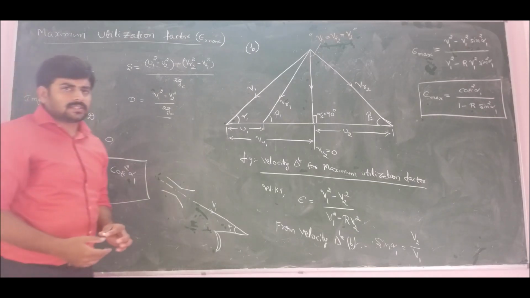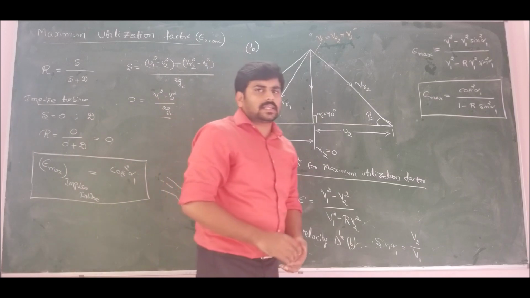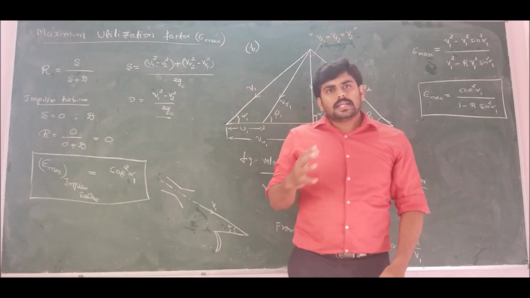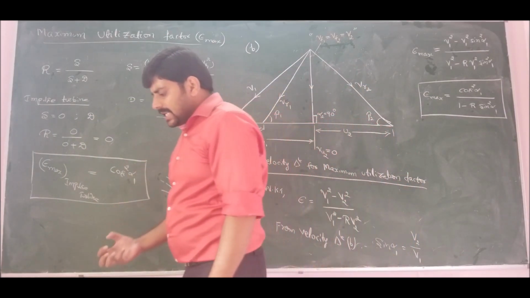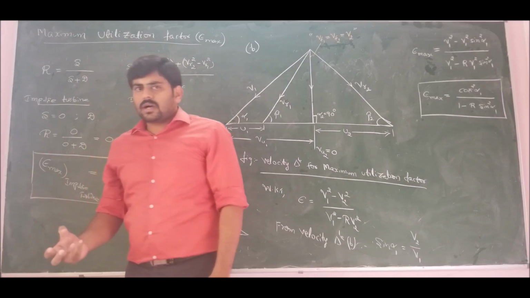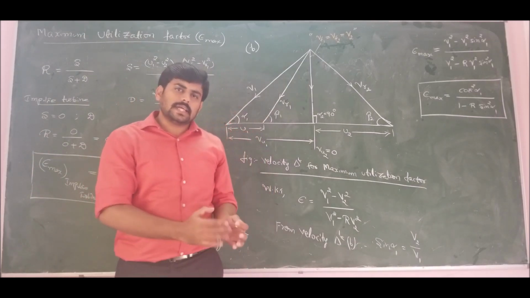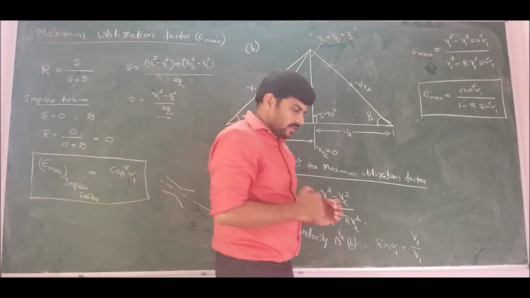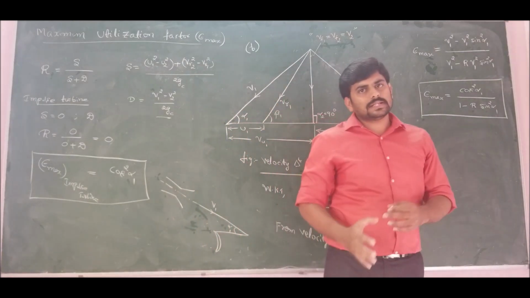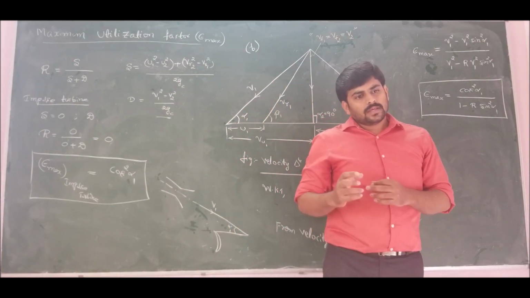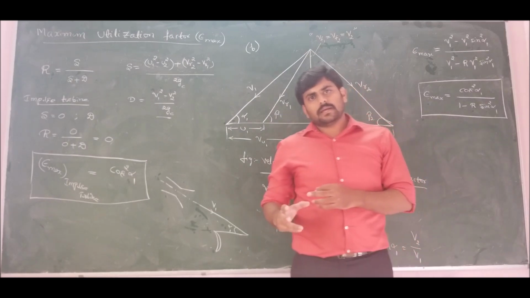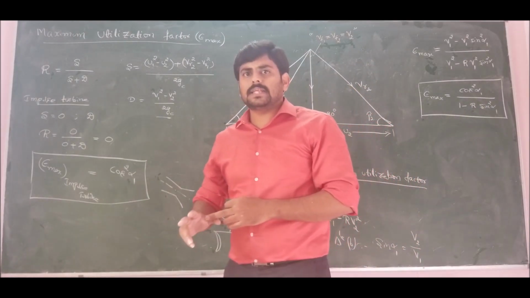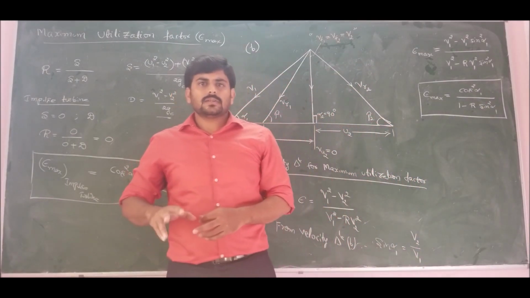Now let us discuss the maximum utilization for a reaction turbine. In a reaction turbine, the energy transfer takes place because of the static component as well as the dynamic component. In an impulse turbine, the change in pressure takes place only in the stator, not in the rotor.